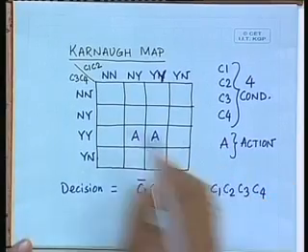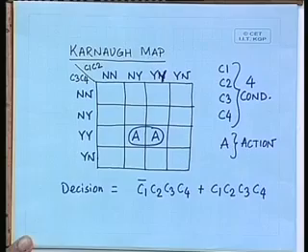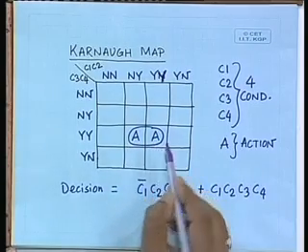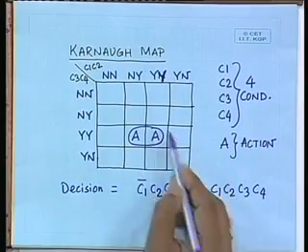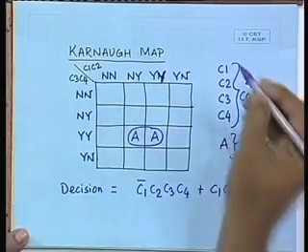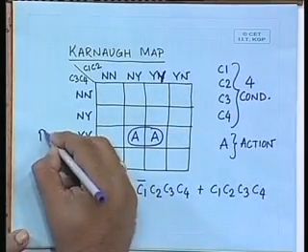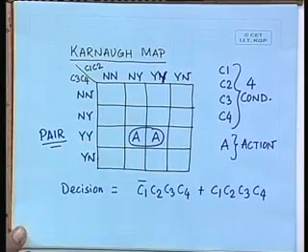Now, what we do usually in KMap, you see we have got what is known as a pair. If we get two adjacent boxes filled up vertically or horizontally, we can say that we have got a pair. Now, what you must remember, if you can get a pair, you can remove one variable.